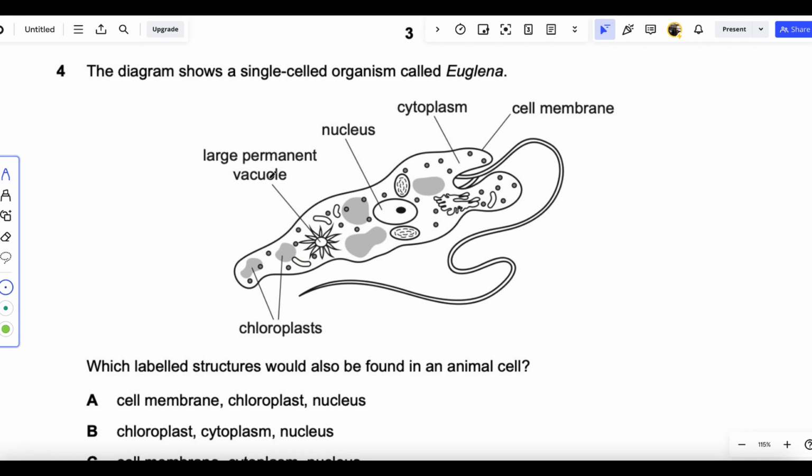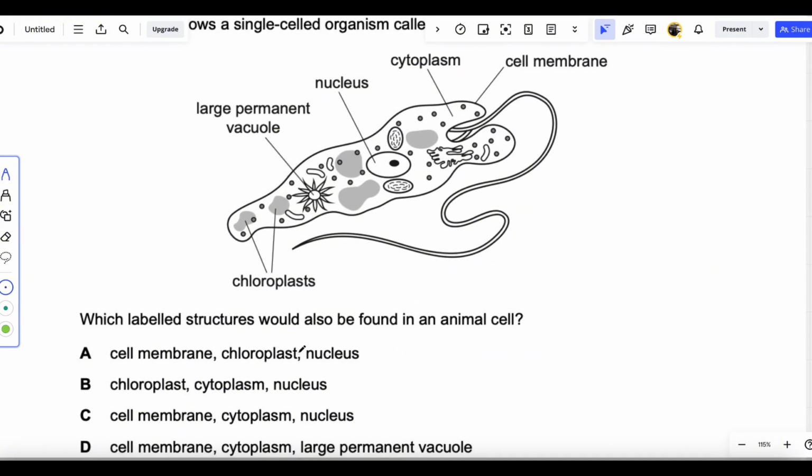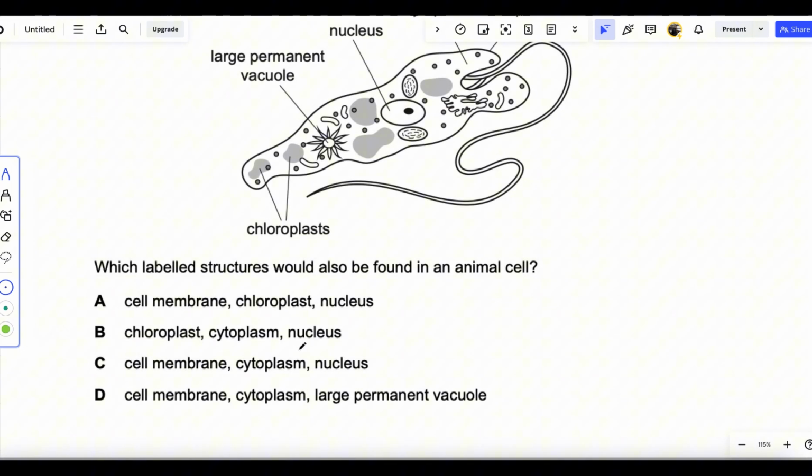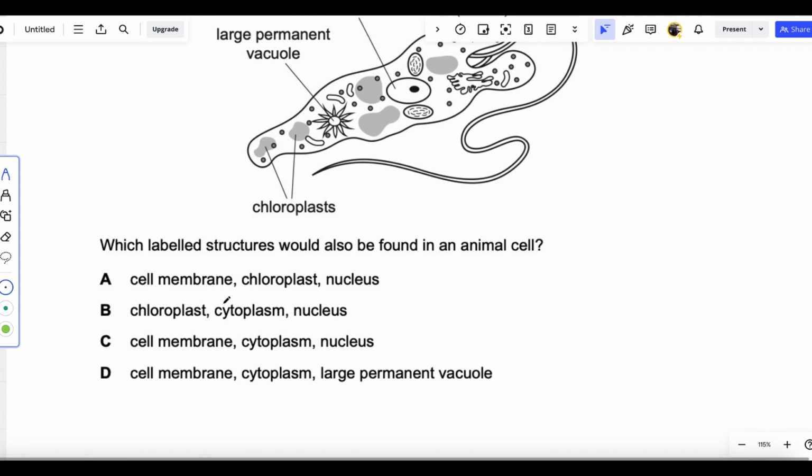Large permanent vacuole, and chloroplast. Chloroplast is in plant cells, not in animal cells. So anywhere we find chloroplast, that becomes a wrong one because it's not going to be found in animal cells. Option A, cell membrane, chloroplast, and nucleus. Because of chloroplast, this one becomes wrong.